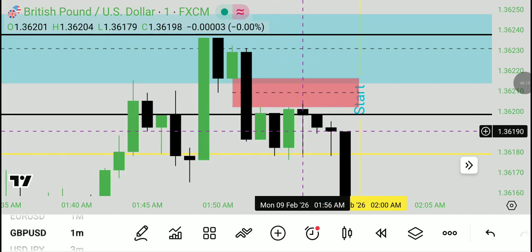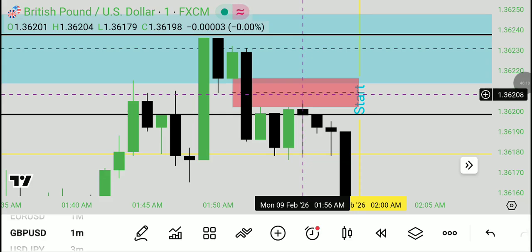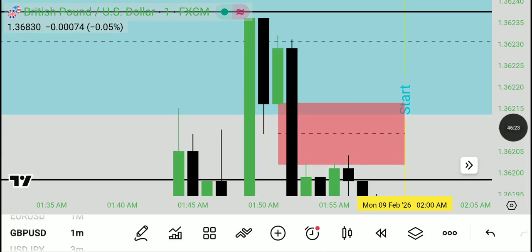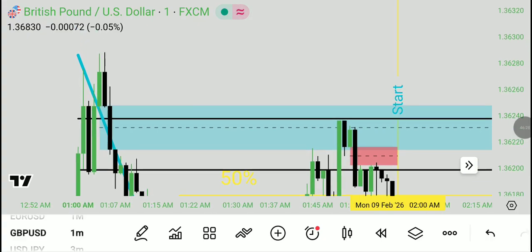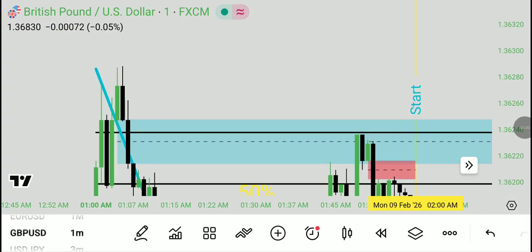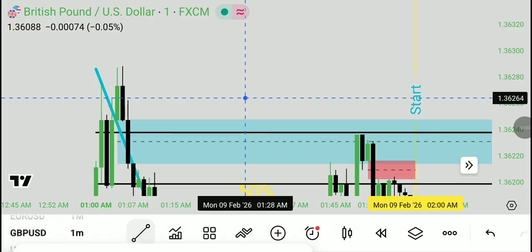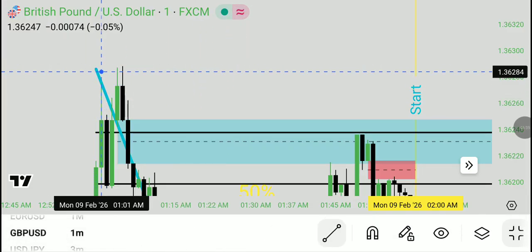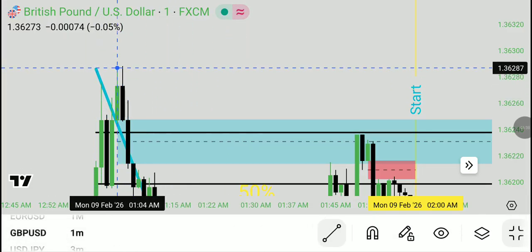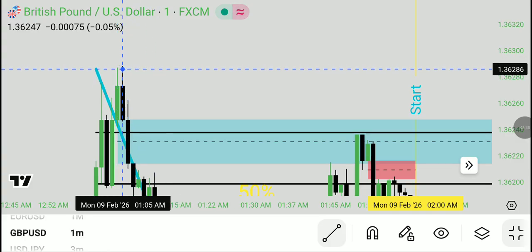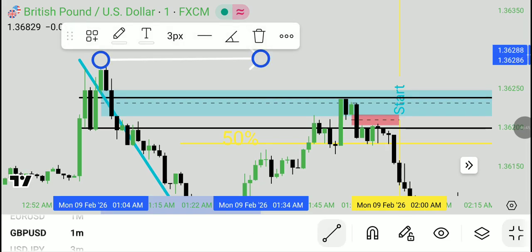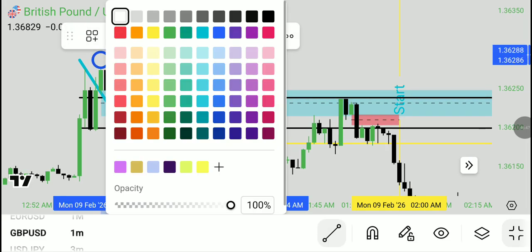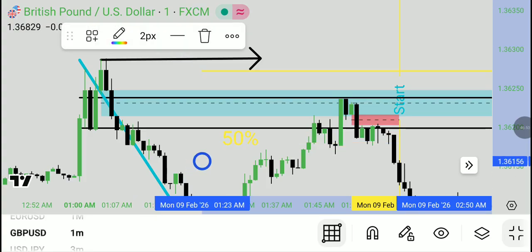Alright, after this displacement was formed, what you should be doing now is studying these candles to know if the candle is going to cut back, because you have some targets on your mind and you don't want the market to take this high out. You don't want the market to take this high out, which you are using to know if the market is serious.